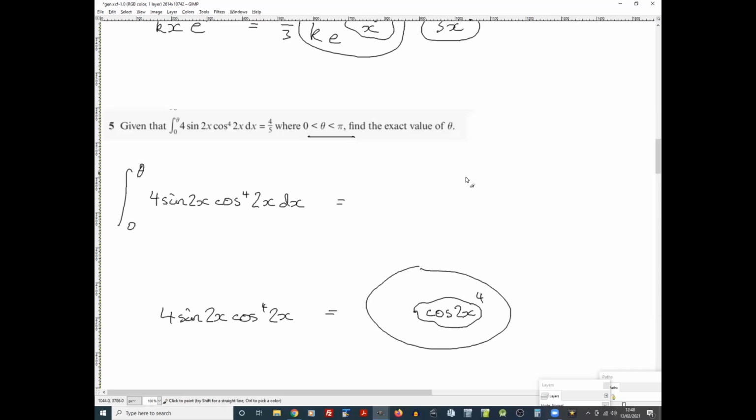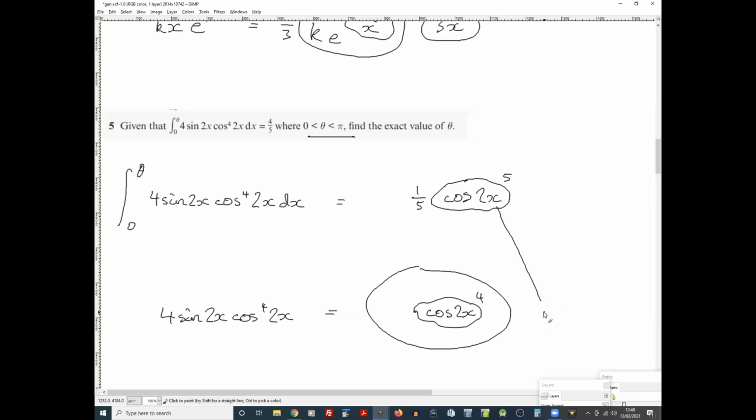So, up here? Up there we'll have cos 2x to the power of 5 times a fifth.